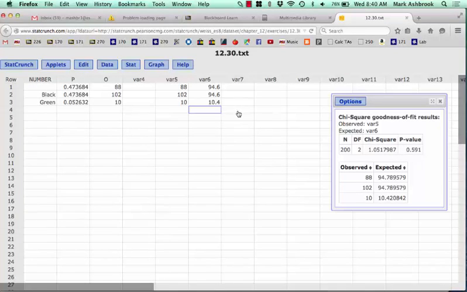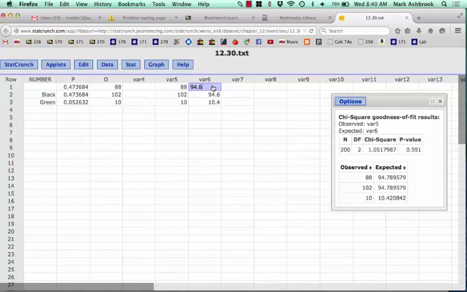Okay, this isn't right because we need percentages here. Oh, God, this is the same thing. Okay, so I happened to open the window where this was already up. So here it is, 0.4736, 0.4736, 0.052.